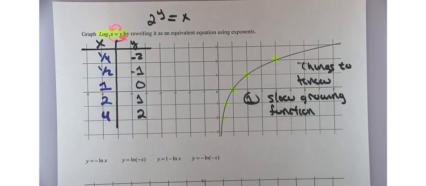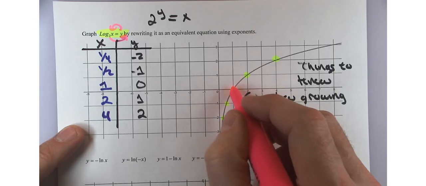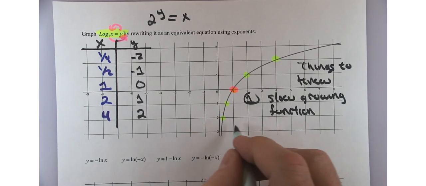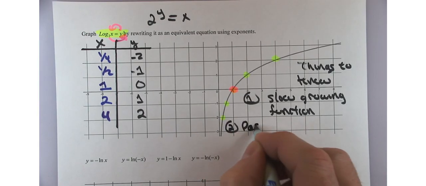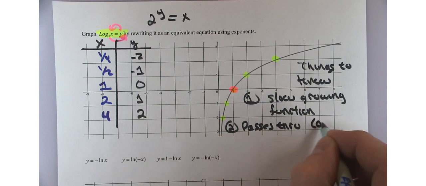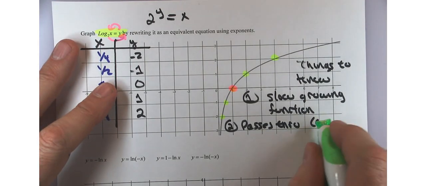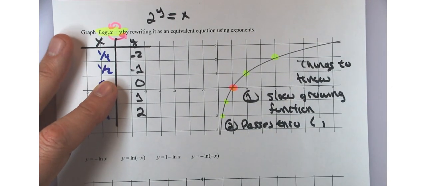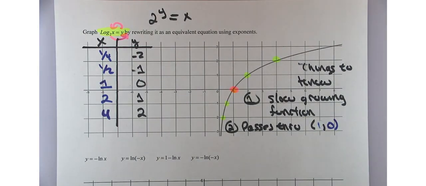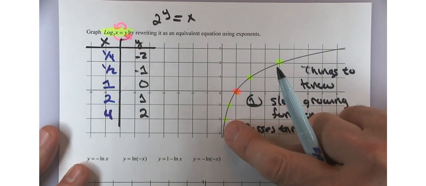All your graphs of the form log base b of x equals y, they're going to pass through this point. Actually I said 0, 1. I should say 1, 0. And last but not least, this graph never quite touches this line.